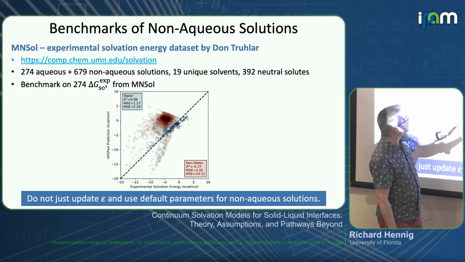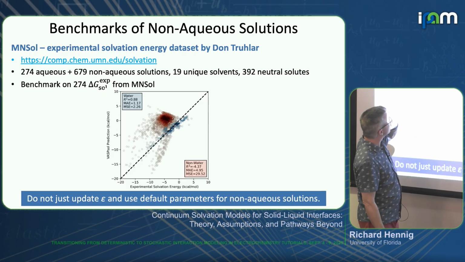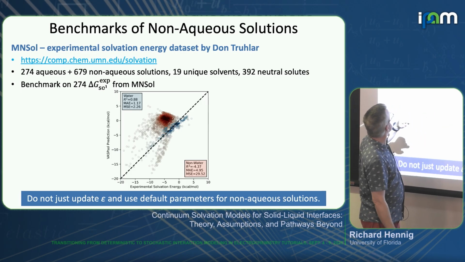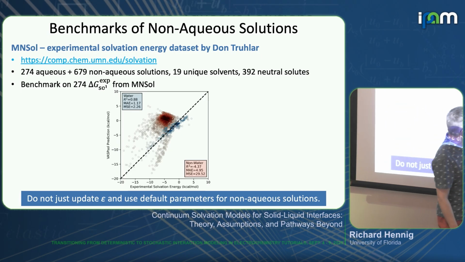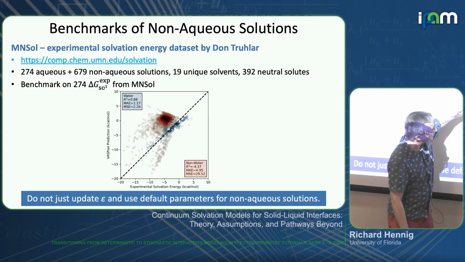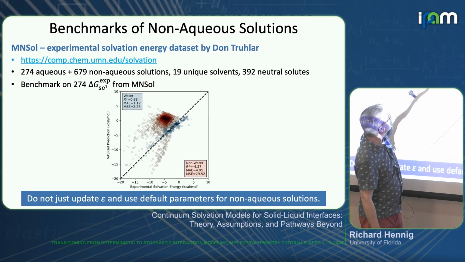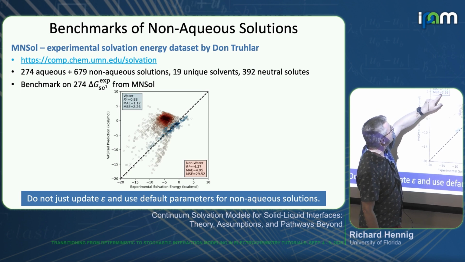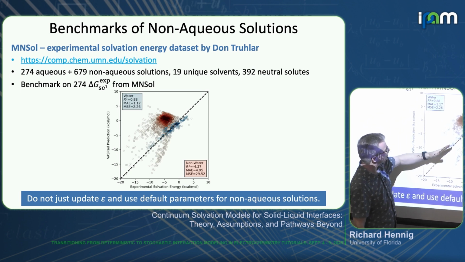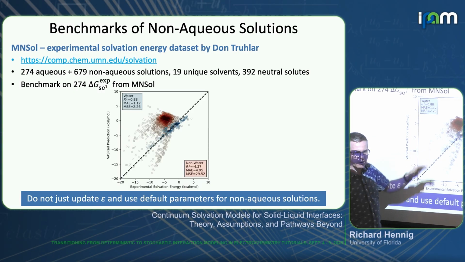What I'm showing here is taking those original parameters and testing them on the whole Minnesota database. We test them on water. Those are the blue points here. And they actually fall pretty all right on the diagonal. It doesn't do too bad. It gets an R squared of 0.88, an MAE of 1.2 kilocalories per mole, and an MSE of 2.3 kilocalories per mole. So one would say that has predictive power.